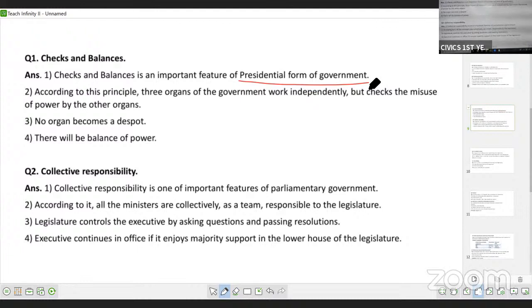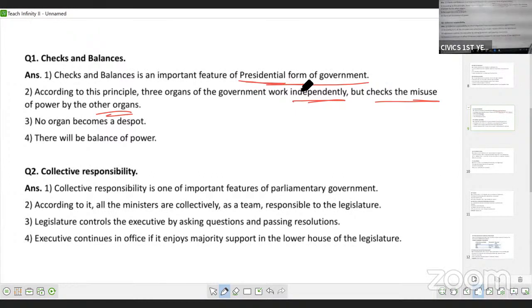So according to these principles, the three organs of government, they work independently. There is theory of separation of power, but they will check the misuse of powers by the other organs.